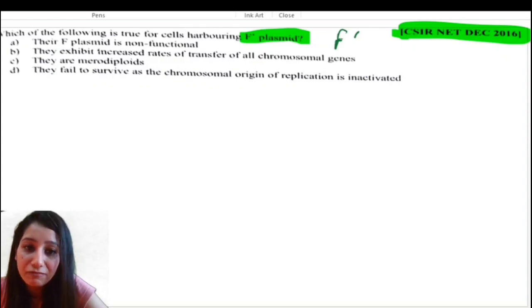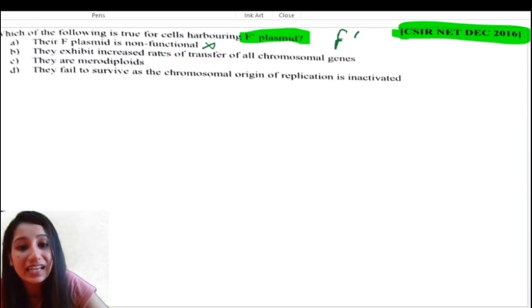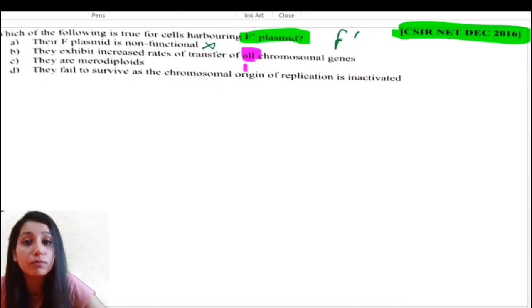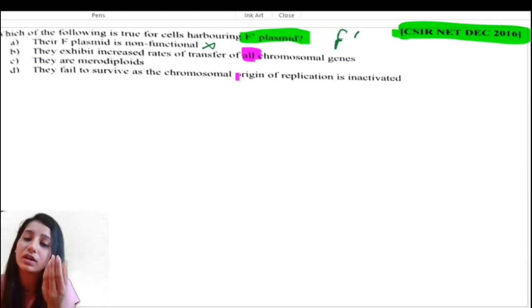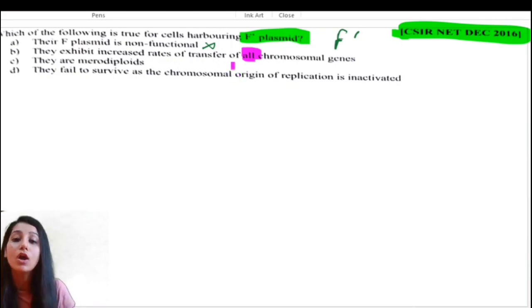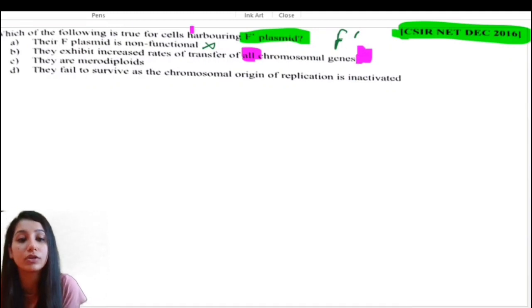The option saying the F plasmid is non-functional is totally untrue, because in this condition the F plasmid is totally functional. They exhibit increased rate of transfer of all the chromosomal genes. Here, all the chromosomal genes is not true because the F prime plasmid itself contains just a little amount of chromosomal genes. So this option is also incorrect.